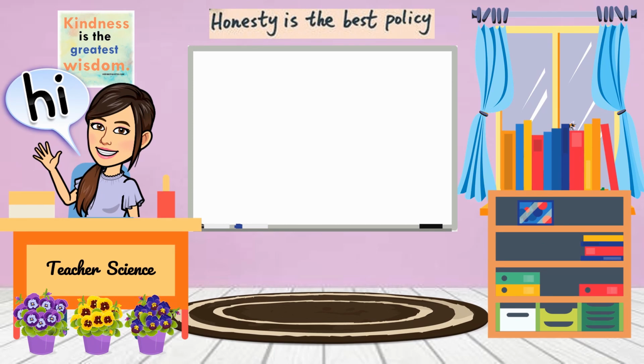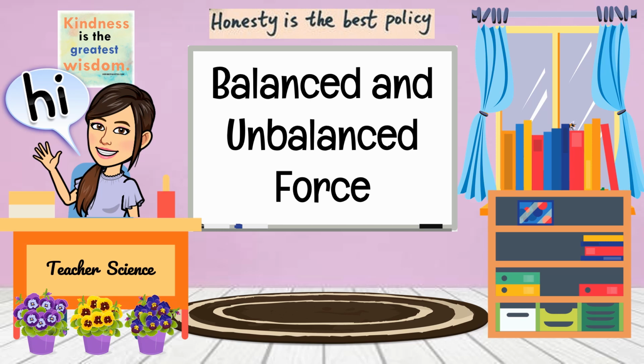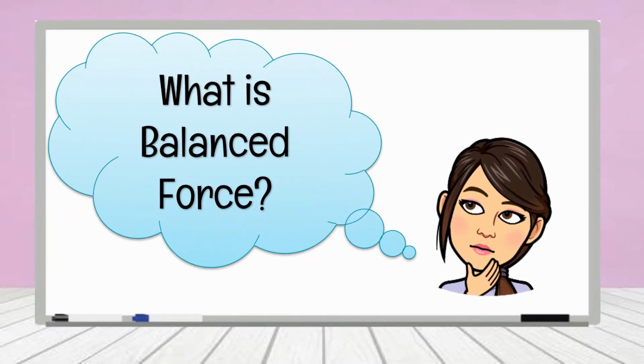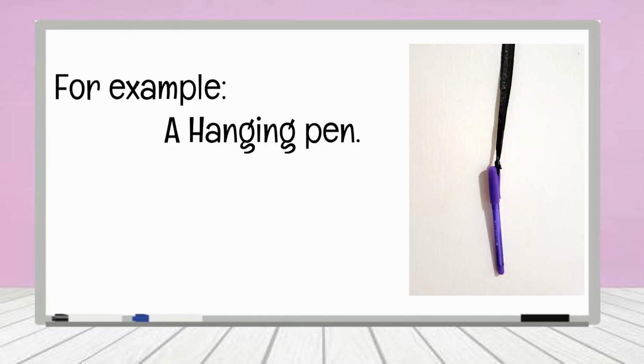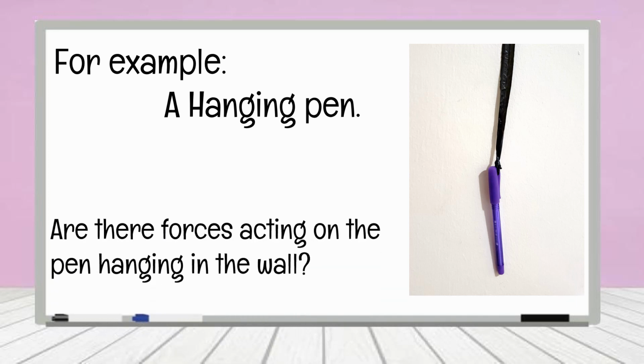Forces can be identified as balanced and unbalanced force. Now, what is balanced force? From the word itself, balance, meaning to say there are equal forces. Example, a hanging pen. Are there forces acting on the pen hanging on the wall?